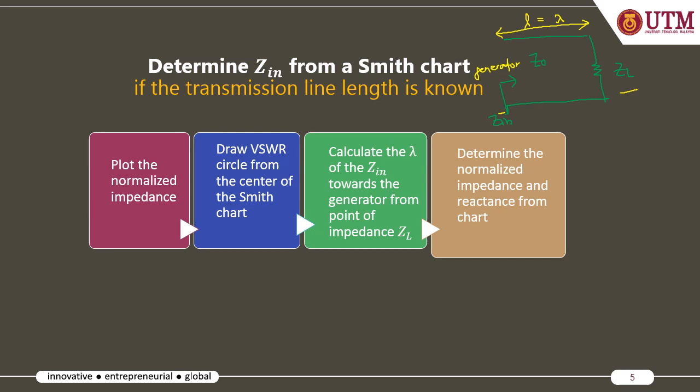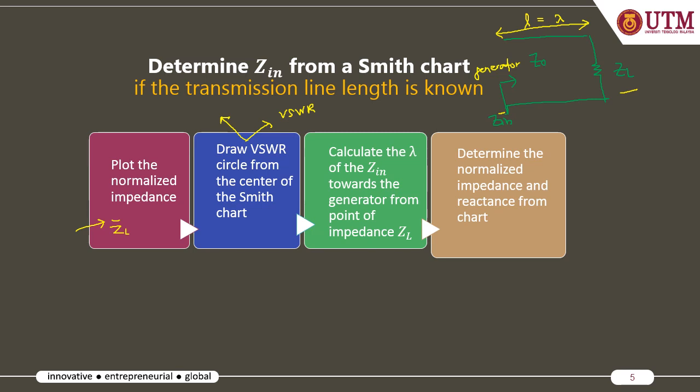Right, so the steps are, first, as usual, you need to plot the normalized impedance. Don't forget to divide the load impedance by Z0, and draw the VSWR circle from the center of the Smith chart. So from the VSWR circle, you can get the value of VSWR, and then you can get the radius.